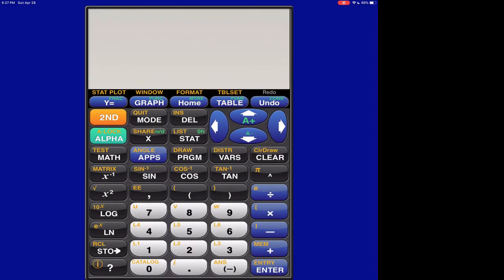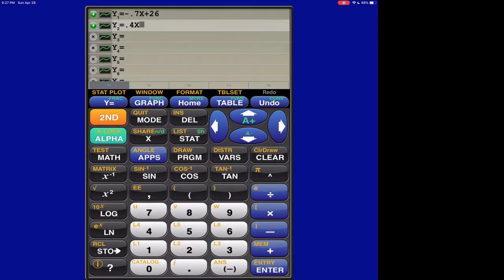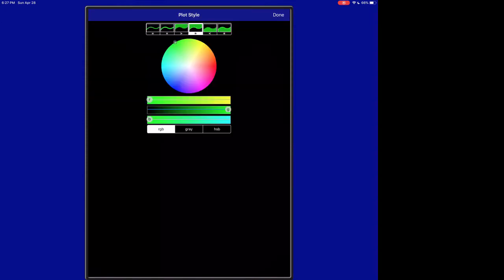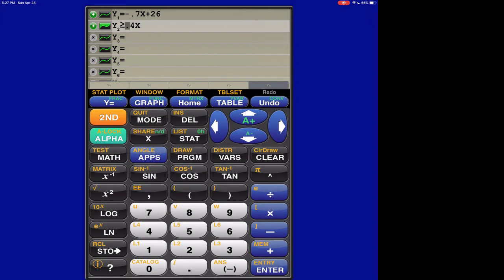And so I'm going to see if I can get it to graph. It may not do it here. Okay, so this is a little different.